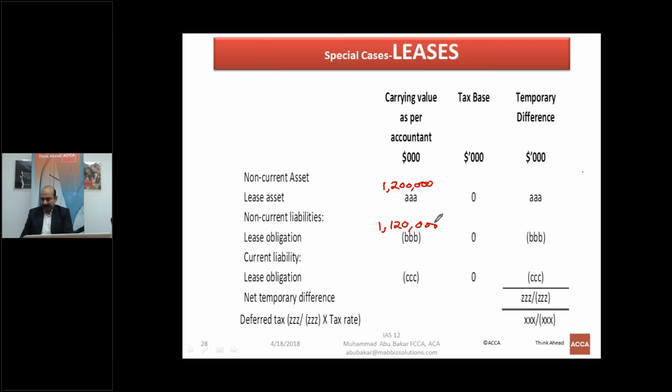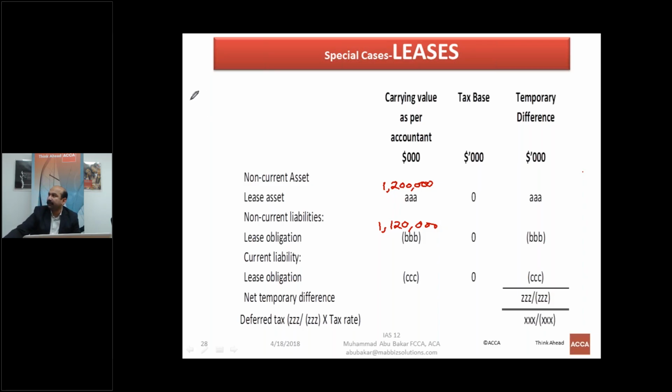So when we reduce 1.6 million by this advance and then apply the interest rate of 0.13701, this will give us 153,512 as interest expense.